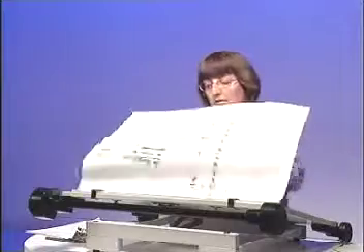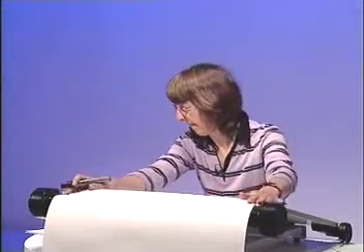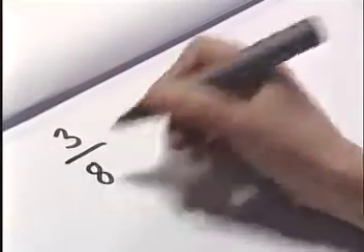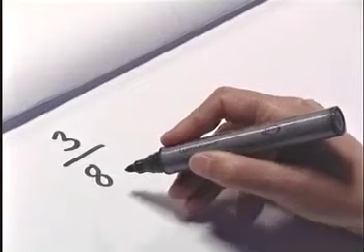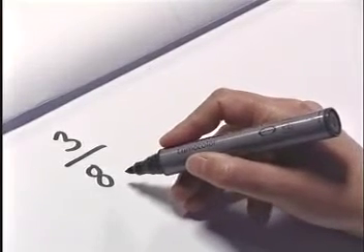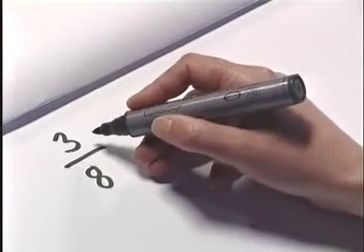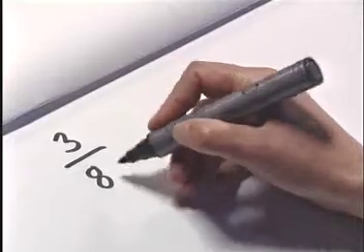Let's have a look at some other fractions. Let's say we have 3/8. So we've divided a whole up into 8 pieces of equal size, and we've taken 3 of them, 3/8.